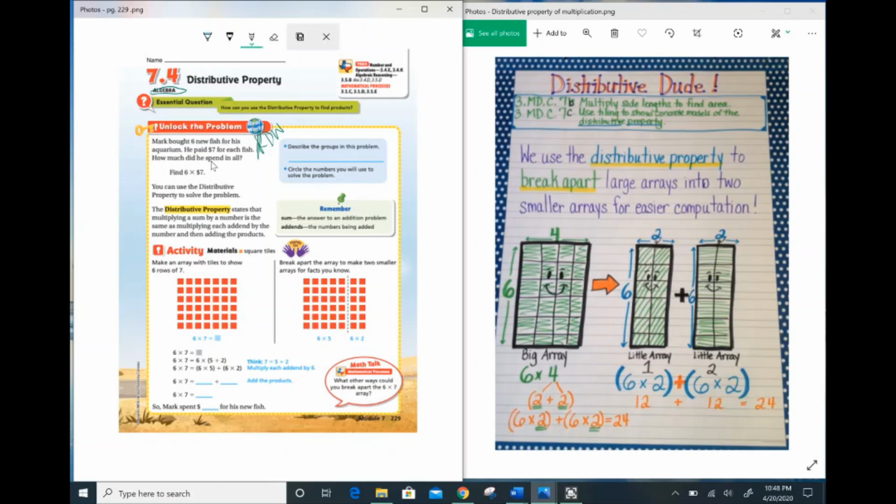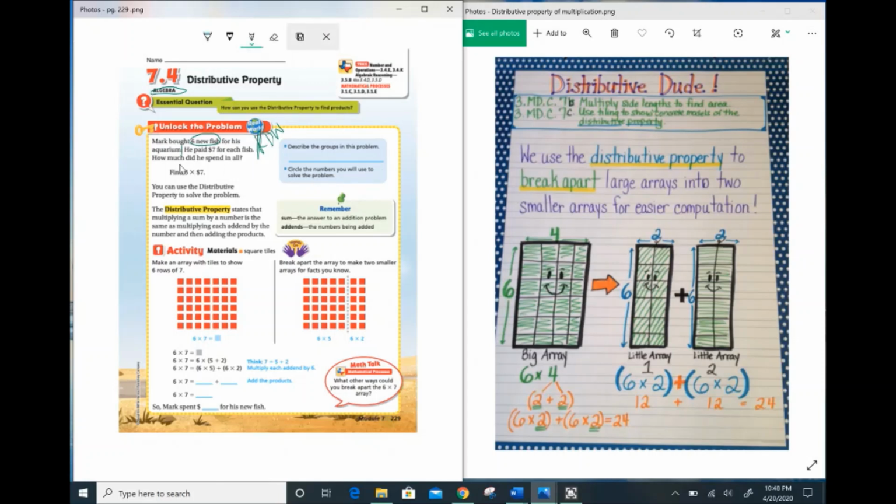Let me look at what my little helping box is telling me. It says describe the groups in this problem. So I know that Mark bought 6 new fish for his aquarium.